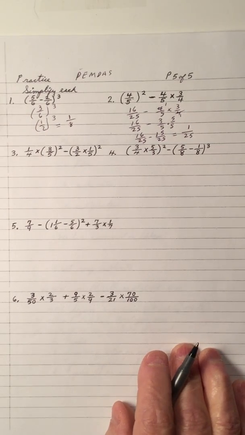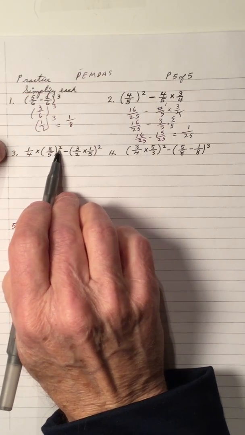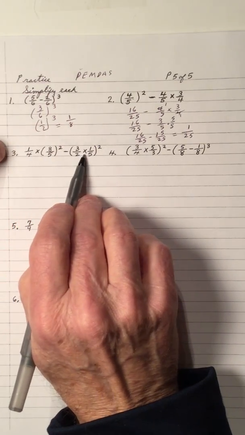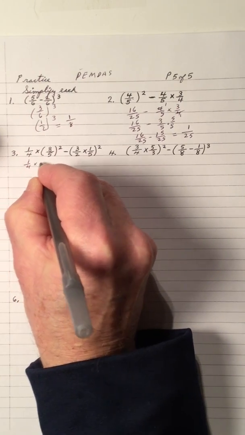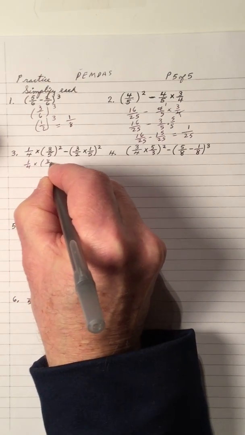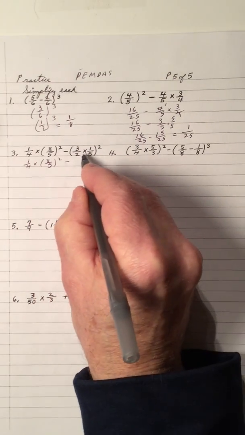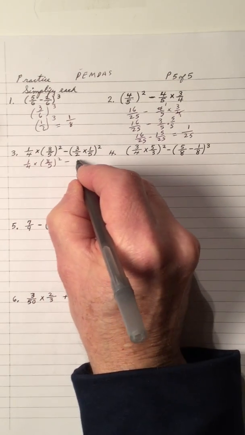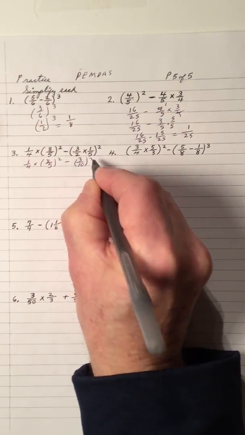So, number 3, look around. I see a multiplication, I see exponent, I see exponent. Oh, I have to work the inside of this bracket first. 1/4 times 8 over 5 squared, subtract. And I'm multiplying, there's no cancellation, so I just get a 3 over 10 squared.